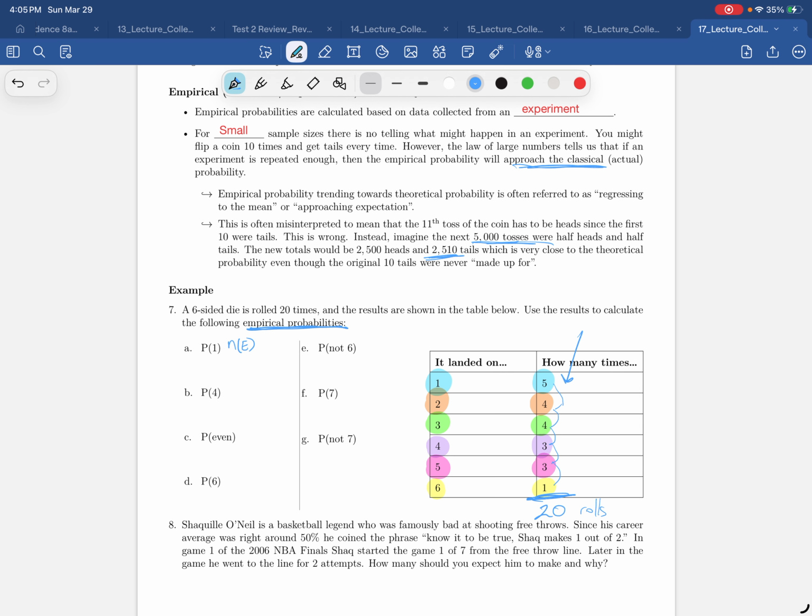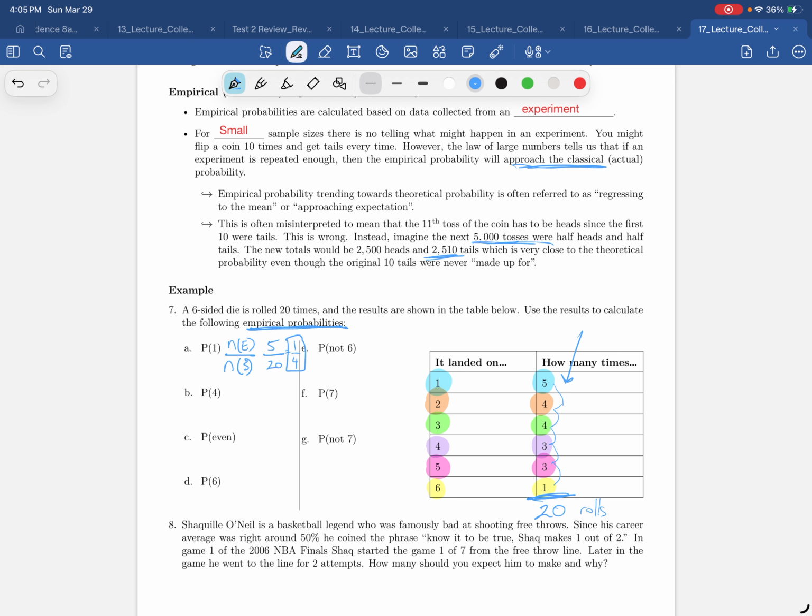That is definitely different than theoretical probability. Theoretically, it's 1 out of 6. But here with experimental probability, we actually rolled the die 20 times, and this is how it turned out. So our experimental probability of rolling a 1 is 25%.